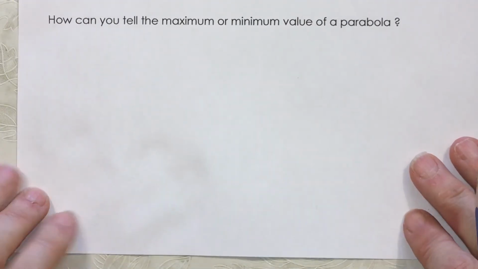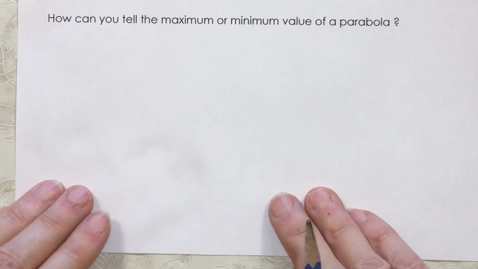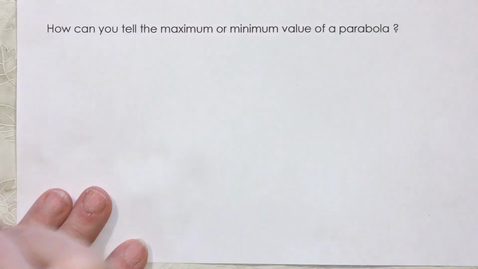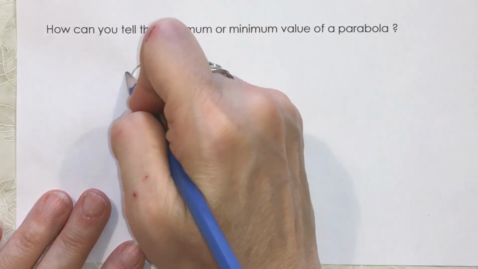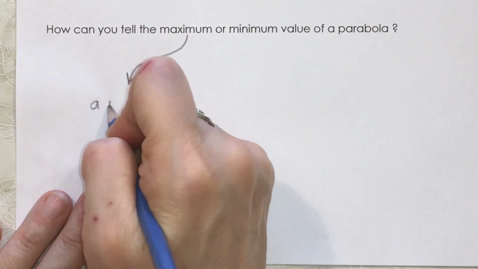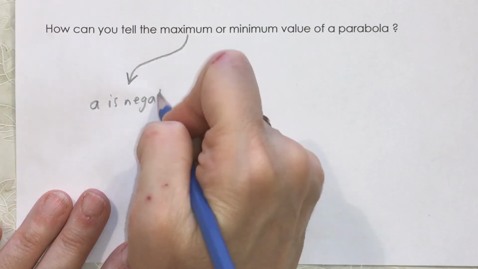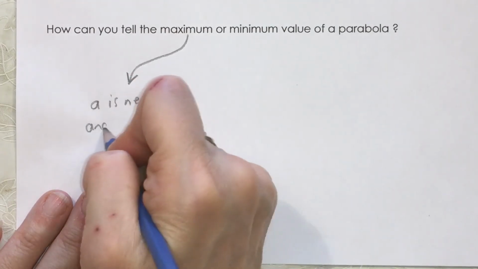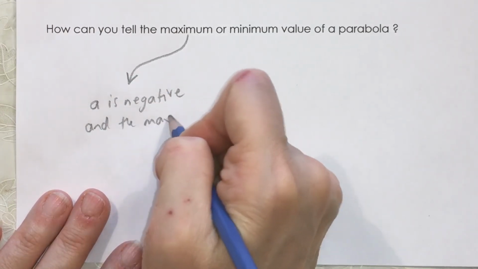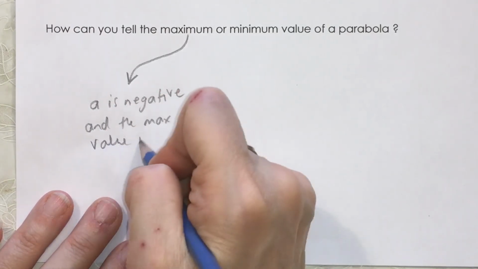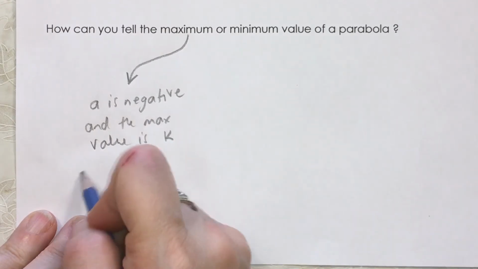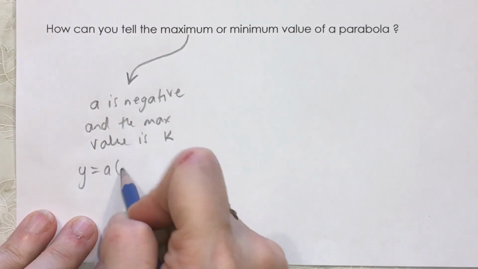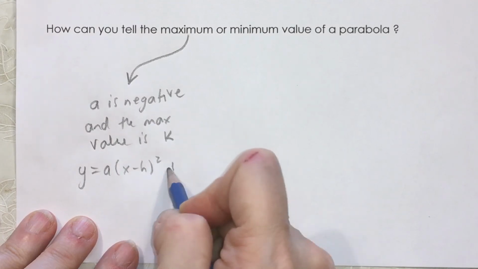All right, and our last little wrap-up question here. How can you tell the maximum or minimum value of a parabola? So a couple things here. To tell if it's got a maximum, a is negative and the max value is k, and that's based on the equation y equals a(x minus h) squared plus k.